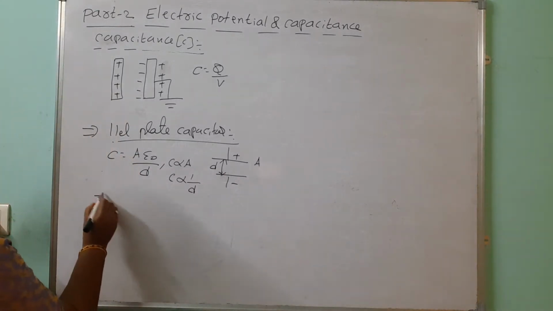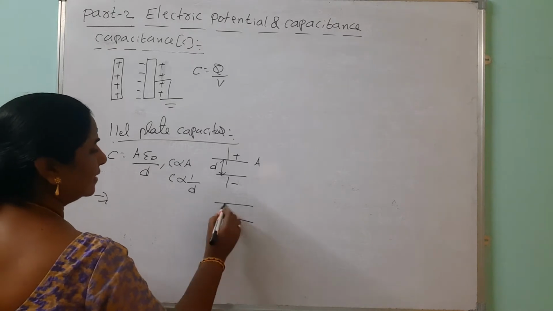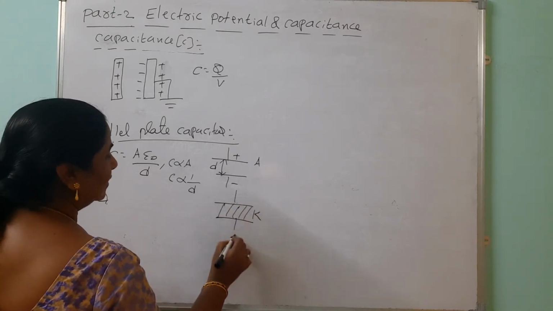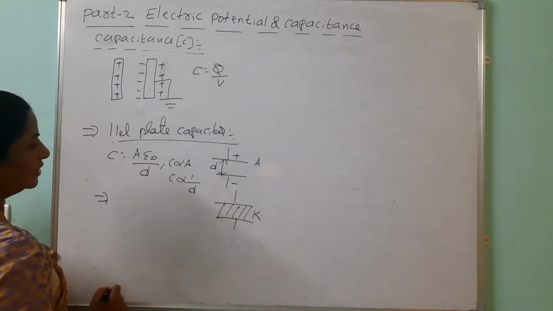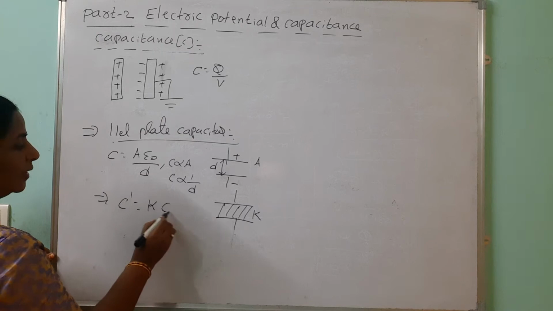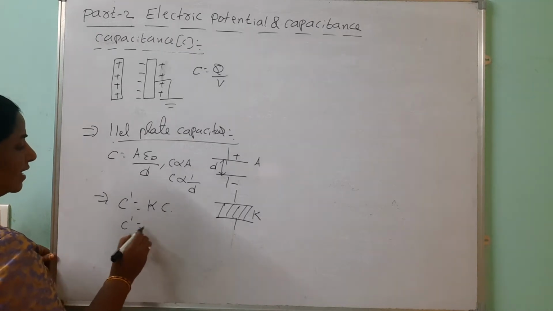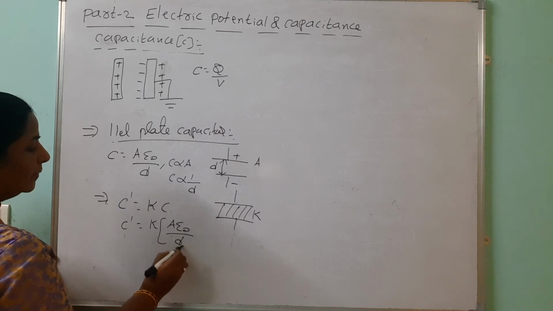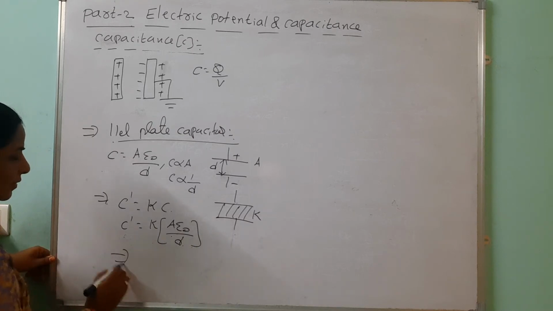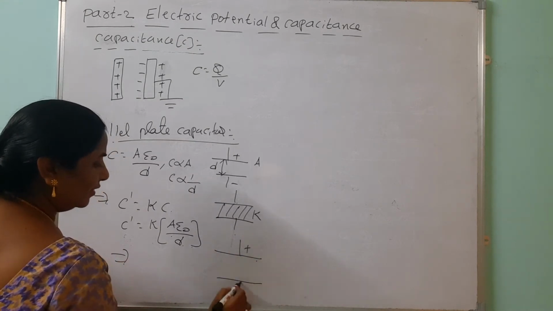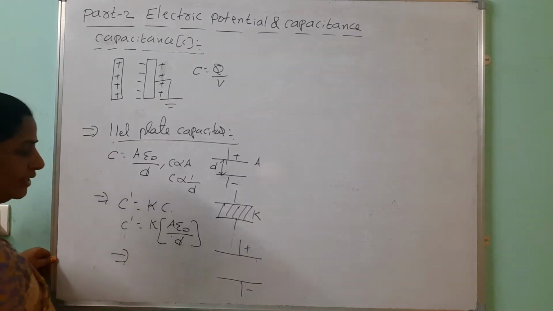Then the second case, look here. You fill it with one dielectric like glass, mica, or wood. This dielectric constant is K. Then immediately the capacitance increases by how many times? K times. So instead of C, already you know A into epsilon naught by T. Then one more case you can take. Suppose this is one capacitor, given positive and negative charge.